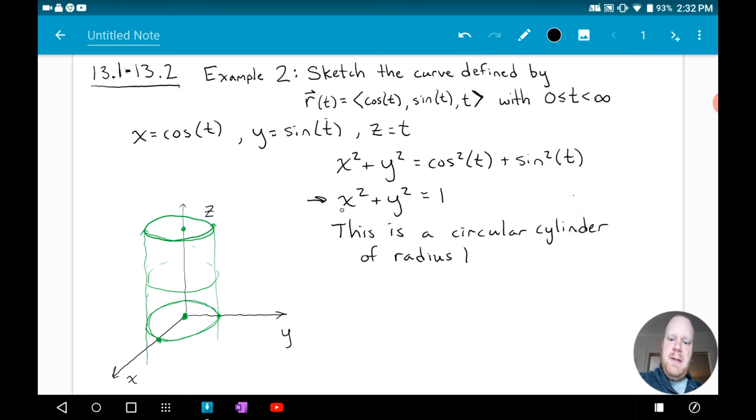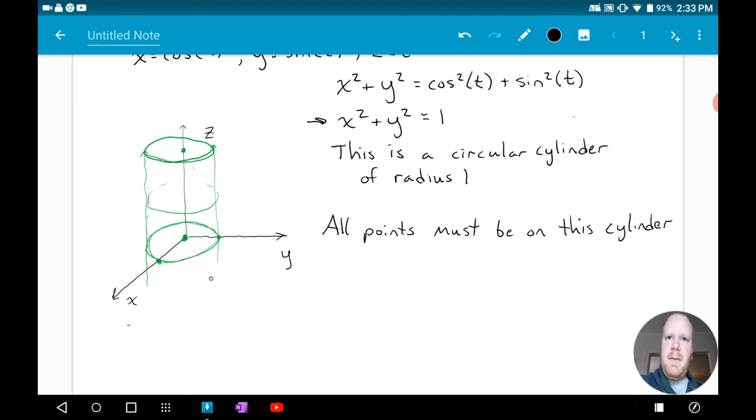The fact that x and y have this relationship with each other tells us that all the points of this curve must be on that cylinder. So that's going to help us with our sketch. I'm not going to sketch the curve on this one. I'm going to use this as a guide for my next sketch.